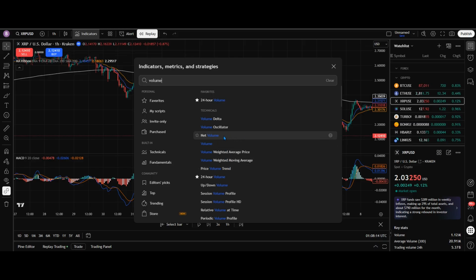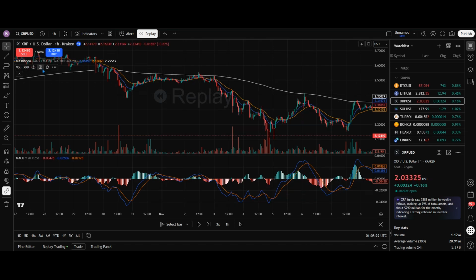It's really great, but it can get a little bit confusing. So here we have, you just want volume, right? You don't want 24-hour volume delta, and none of that. You just want volume. You select it, and this shows up under your previous indicators like EMAs and stuff. So it's on this tab.